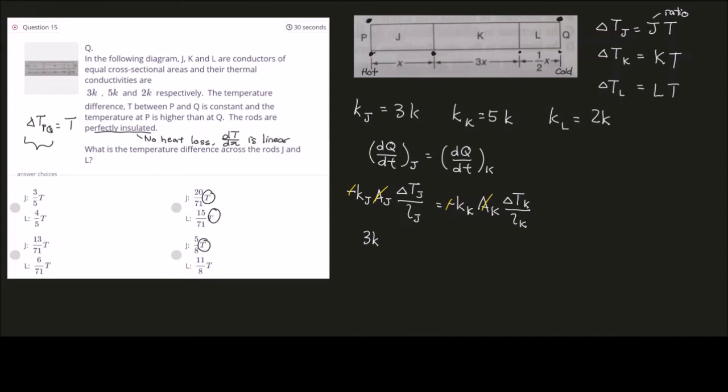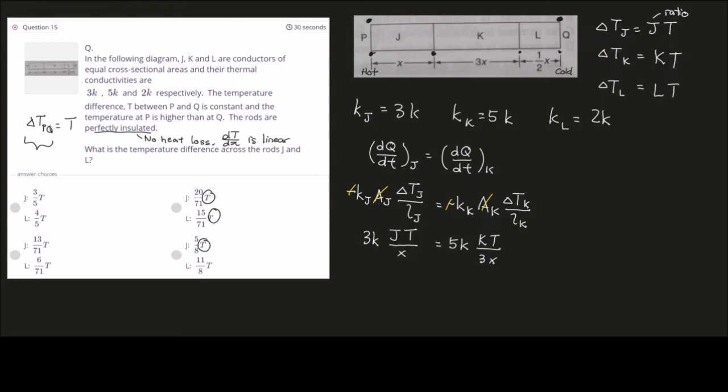We express delta Tj, the difference in temperature at rod J, in terms of J and T. T is the temperature difference across the whole rod. Then the length of J is just X. Okay, then we equate it to Kk, which is 5K. Then we express things in terms of T over length of K, which is 3X.